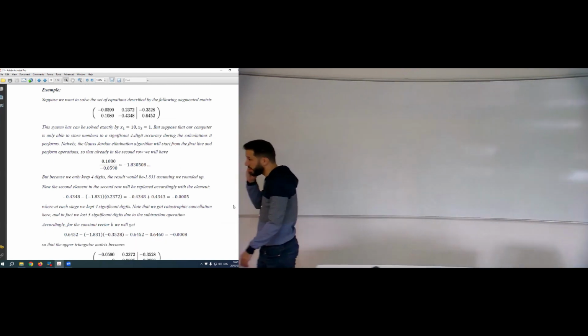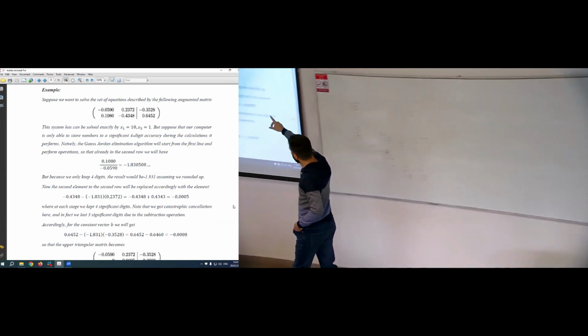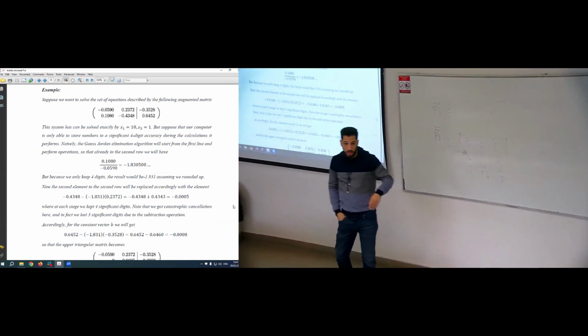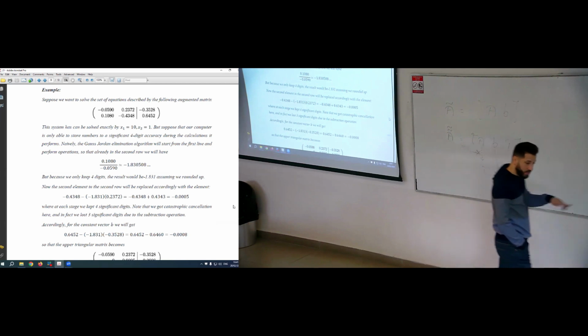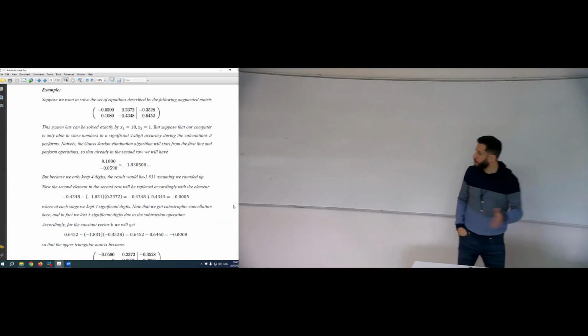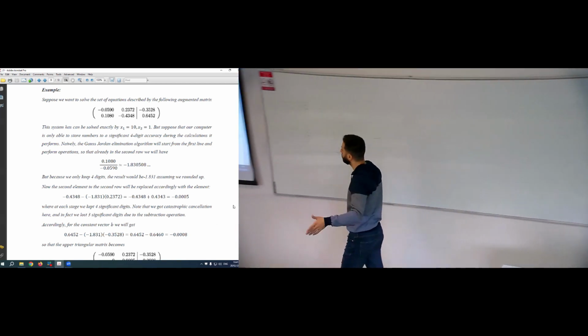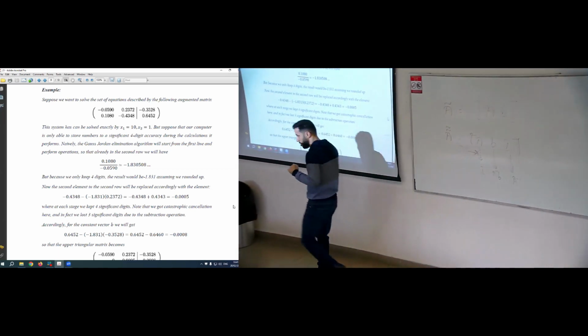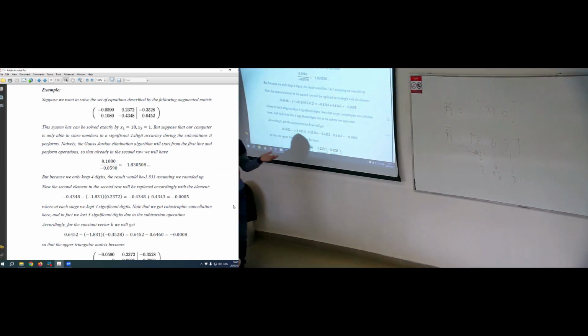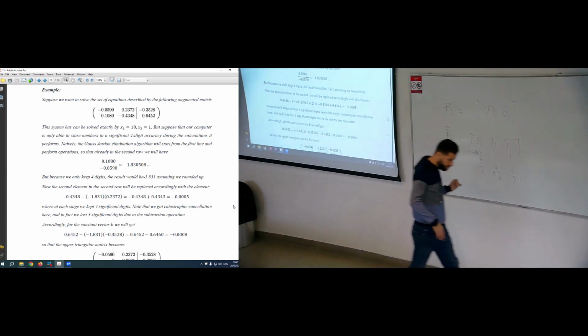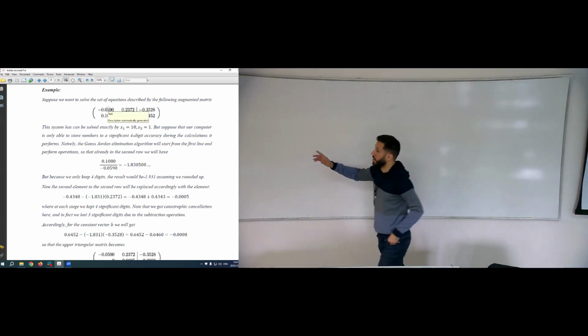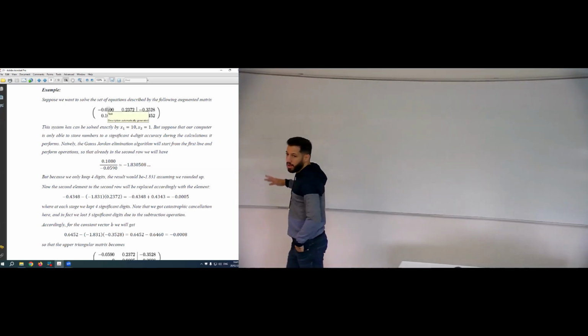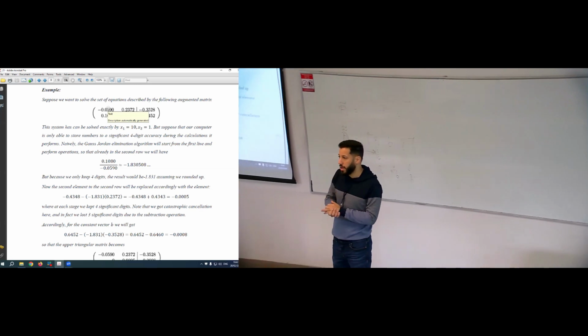So let's see an example for this. You have here an example of two equations where the solution is x1 equals 10 and x2 equals 1. So if you take x1 to be 10 and x2 to be 1, this is an exact solution. But let's apply our method. Let's say for now that our computer is not binary.